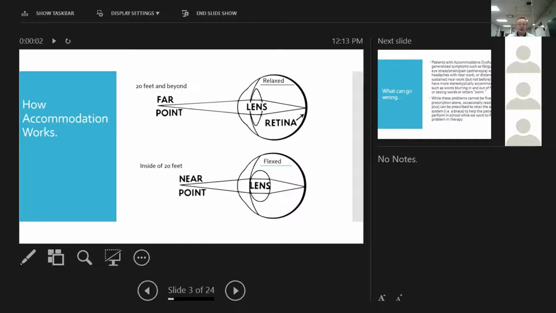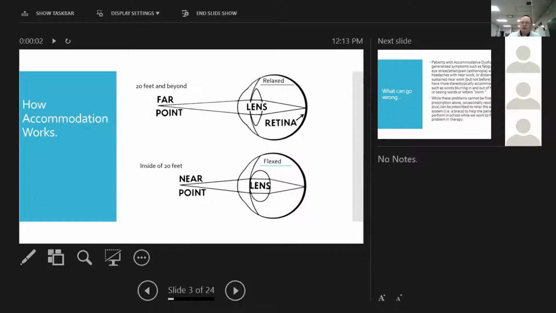I don't understand all of it myself, but be aware that what somebody is accommodating at 10 feet, 5 feet, versus what they're accommodating at 40 centimeters, 20 centimeters, is a vast difference. So the closer they get, the more accommodation is taking place, and it's taking place much more rapidly and a lot more of it. So we kind of have to think about that. So I want, as a therapist, to begin to think of this.